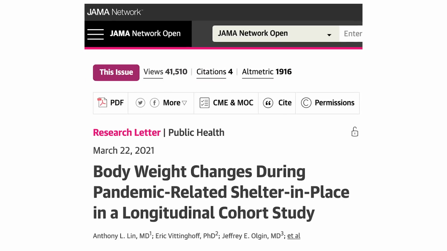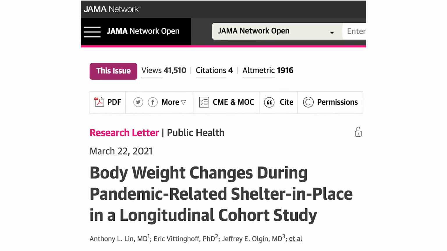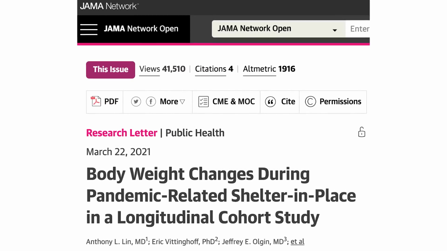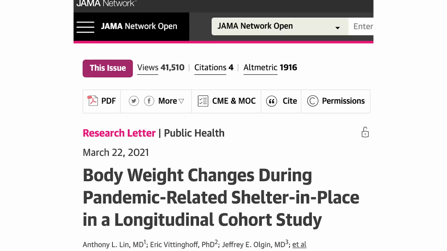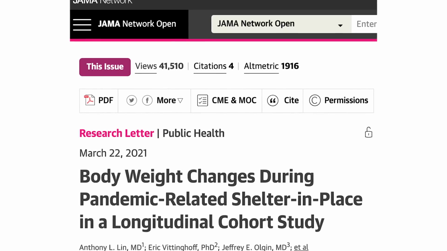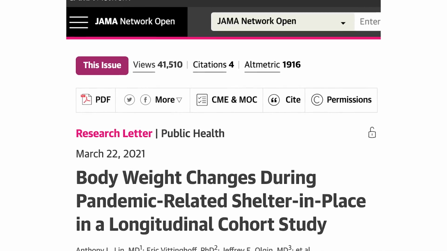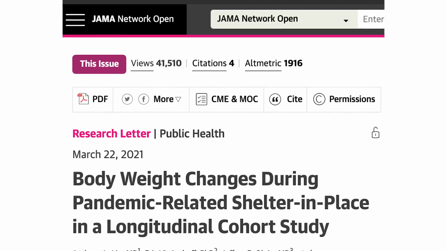And the worst part of all this is that things have gotten substantially worse due to the social and economic shutdowns related to COVID-19. One study published in the Journal of the American Medical Association tracked about 300 people for several months over this pandemic and found that people were gaining about 1.5 pounds of additional weight each month.